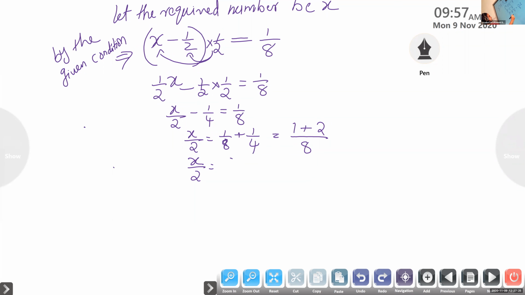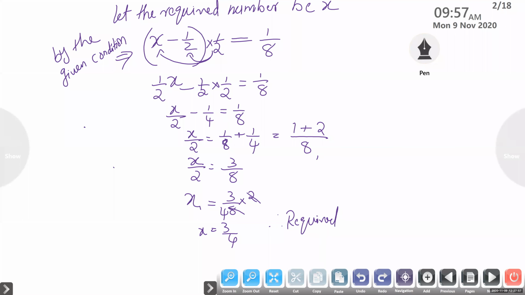So x equal to what? 2 will go to the other side. 3 by 8 into 2. 2 gets cancelled here. So x equal to 3 by 4. So the required number is 3 by 4. Ma'am, how will we get 1 plus 2 by 8? 1 by 8 plus 1 by 4, no. So 8 is LCM.